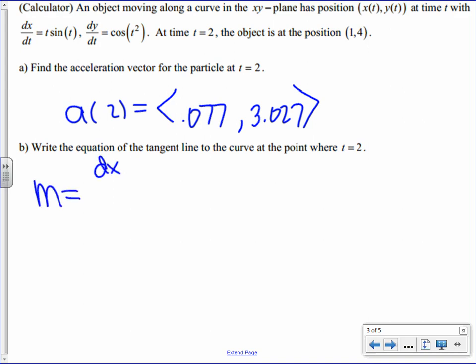Of which curve are we writing? The original curve. To find slope, we need dy/dt over dx/dt, and we need to evaluate it at t equals 2, right?